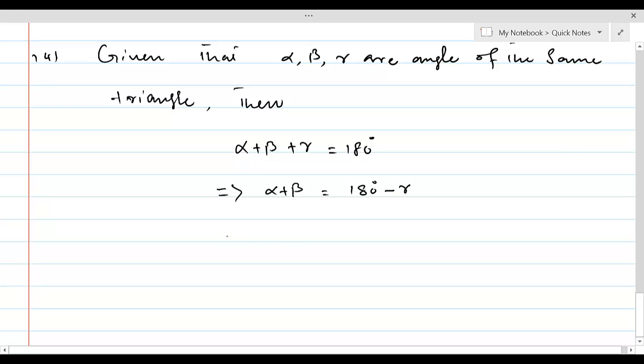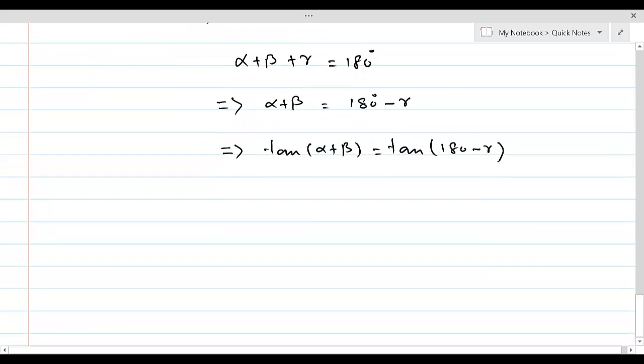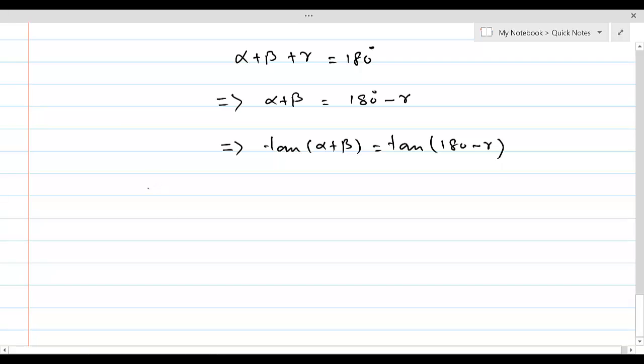tan on both sides, this means tan of alpha plus beta is equal to tan of 180 minus gamma. And now you can apply the basic trigonometric identity of tan alpha plus beta on the left side.